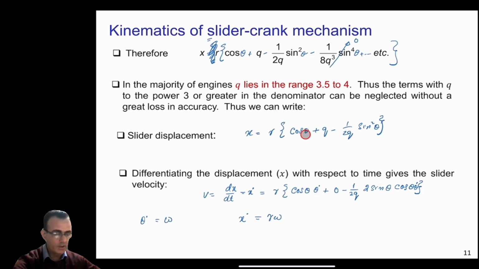This will become sine here, so this is not cos, this is sine, and minus sine because the differentiation of cos is minus sine.